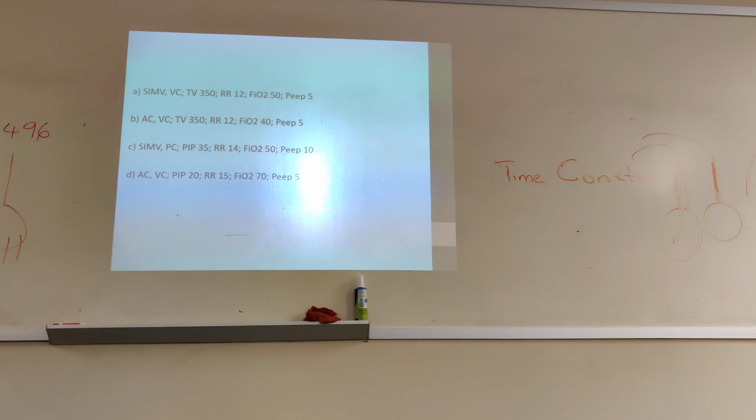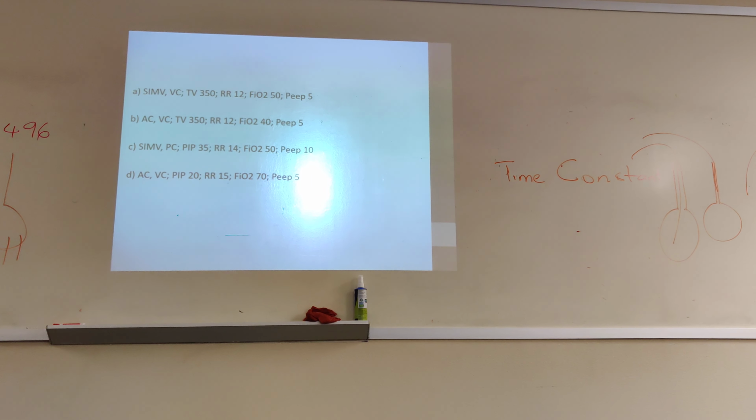So let me look. First one says SIMV-VC, tidal volume of 350. Well, that's in there. Respiratory rate of 12, well, that's in. FiO2 50%, that's also in. PEEP of 5, well, that's good. So that may be the right answer, but let's keep on looking.